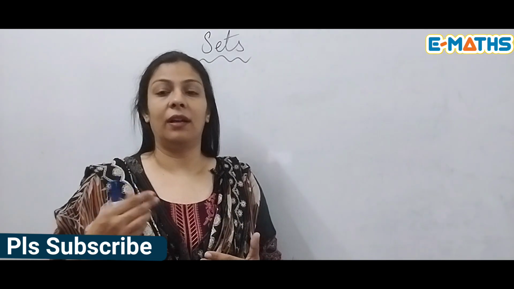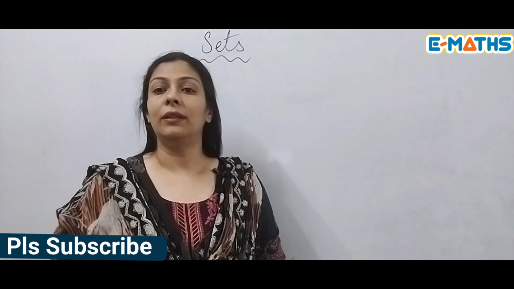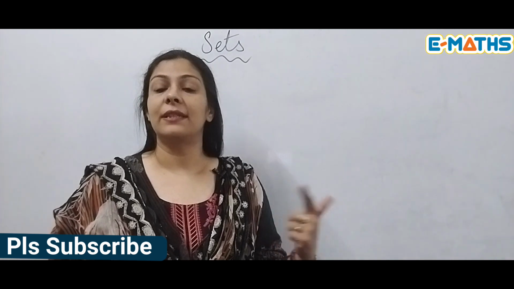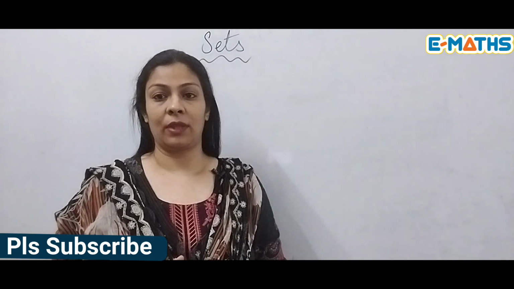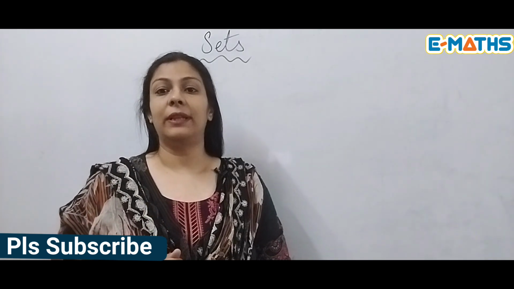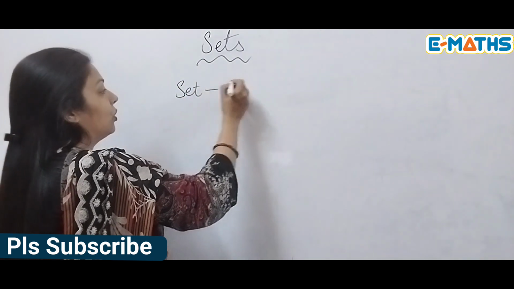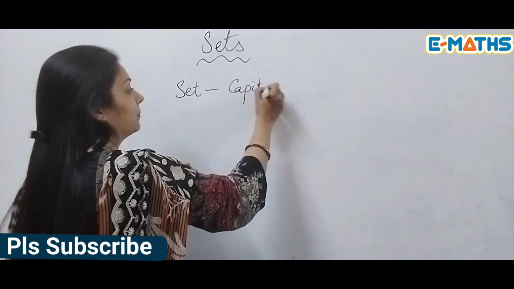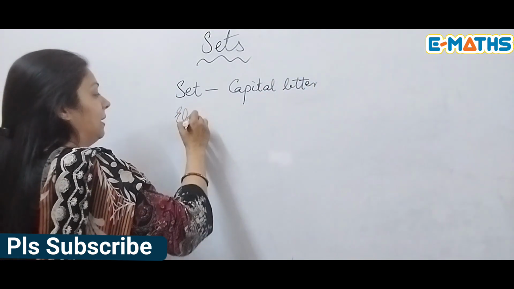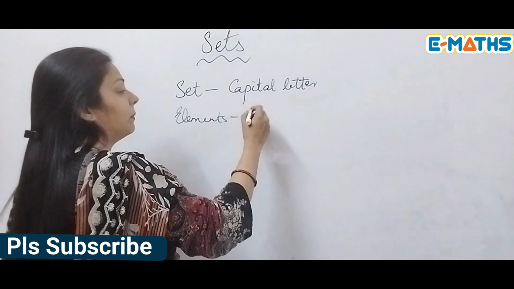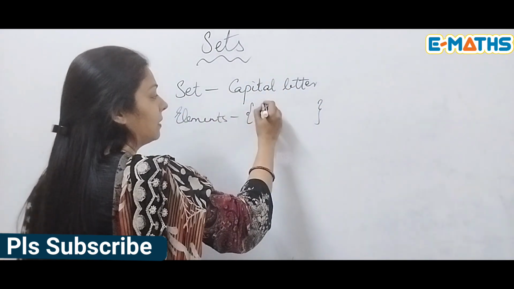Now we have different ways, or methods, of writing sets. One is the roster method, second is the descriptive method, third is the set builder form. Also remember that to name a set, use a capital letter, and the elements will be written in curly brackets. If the elements are letters, they will be in small letters.